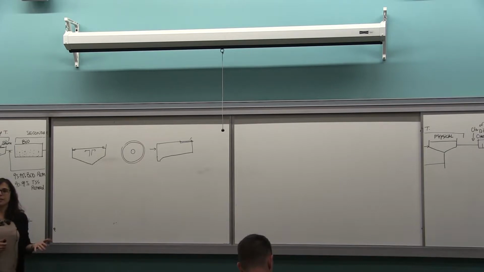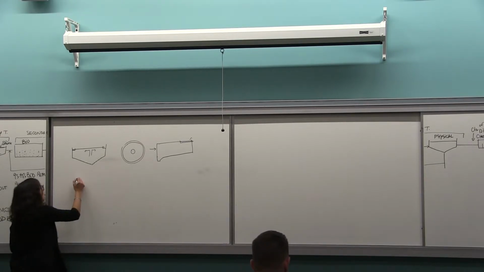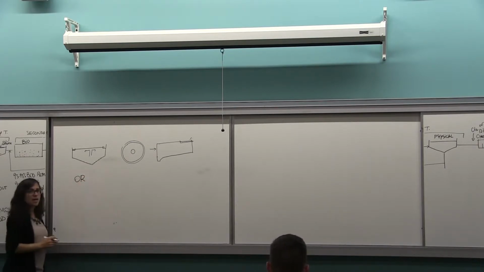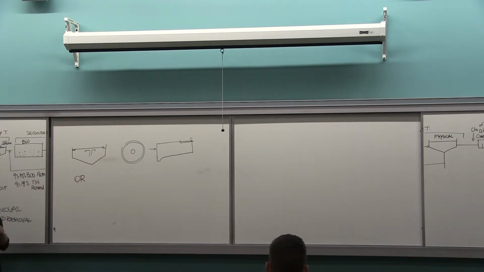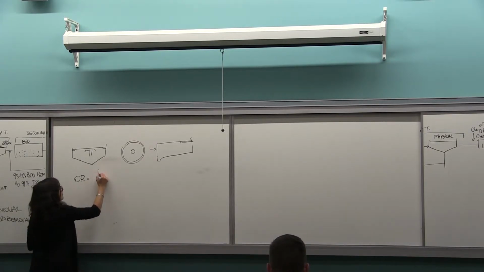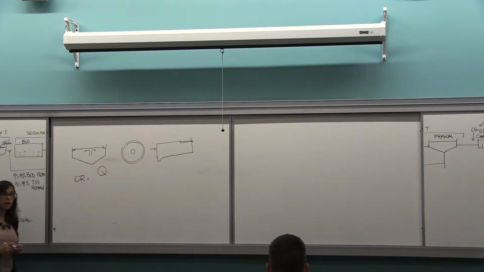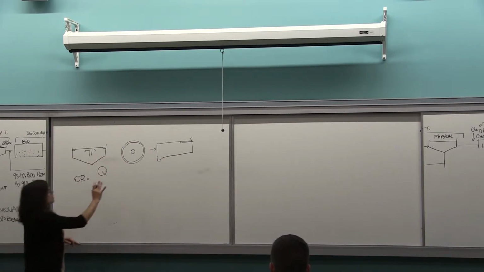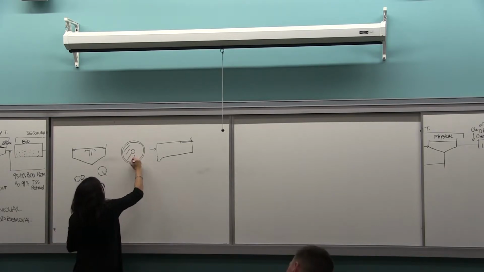What is the design based off? The design is based on what we call overflow rate. As the word says and the unit gives us, it's the flow over the surface area. So these are plan view, right?